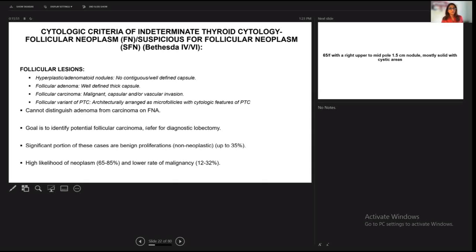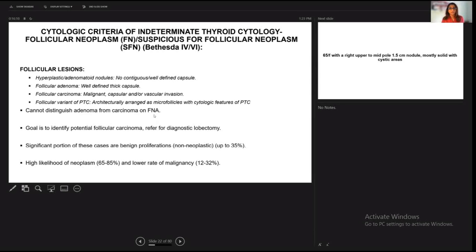And now we tend to use follicular neoplasm for follicular variants of PTC as well, because they tend to be very follicular patterned but show cytologic features of PTC. So sometimes these cases of PTC can be lumped into the follicular pattern lesions.